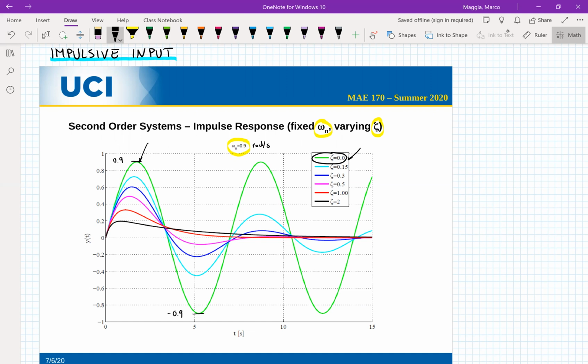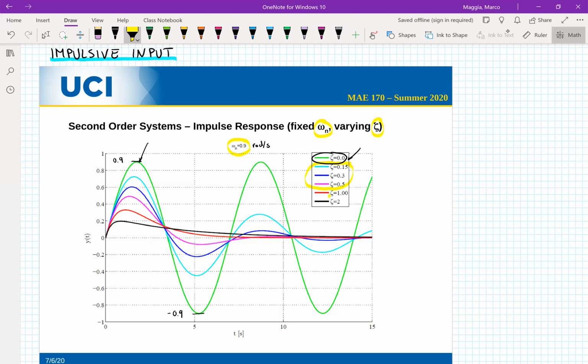Then as soon as we increase the damping ratio to values above 0, but below 1, and here I'm talking about the following 3 plots, cyan, blue, and magenta, you see that these curves start oscillating about 0, and eventually they converge to 0.